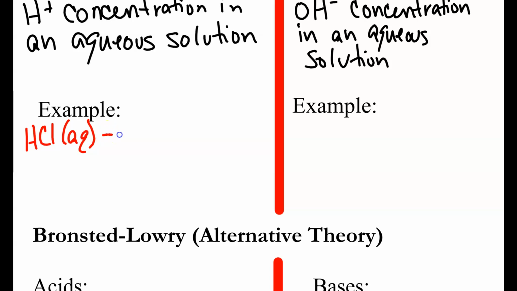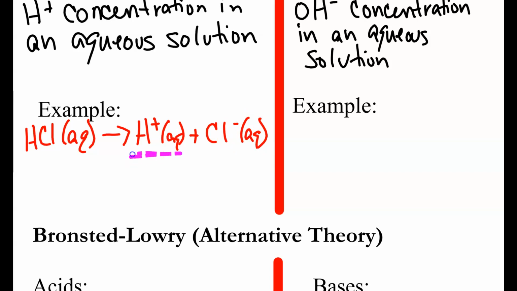So when this hydrochloric acid dissociates, when it breaks apart into its ions, it's going to make a hydrogen ion and a chloride ion. So anytime a substance increases the amount of hydrogen ions in a solution, it's going to be an acid. The chloride ion here is called the conjugate, just the other side of that molecule or substance.